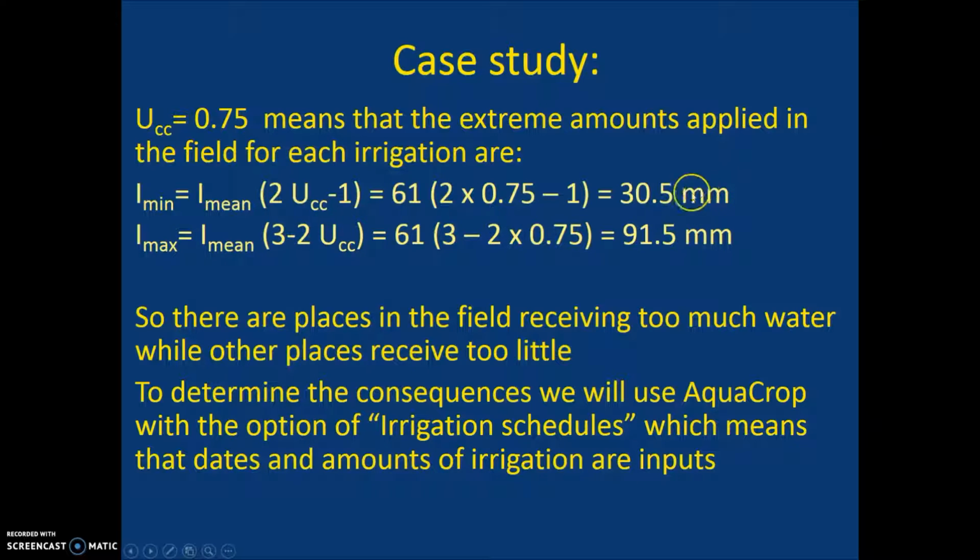The results are 30.5 for the minimum amount in the field and 91.5 for the maximum amount applied. It is clear that there are places in the field receiving too much water, while other places receive too little. To determine the consequences, we will use AquaCrop with the option of irrigation schedules, which means that dates and amounts of irrigation are inputs.